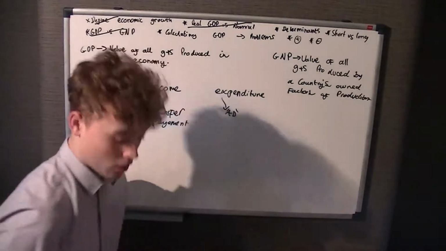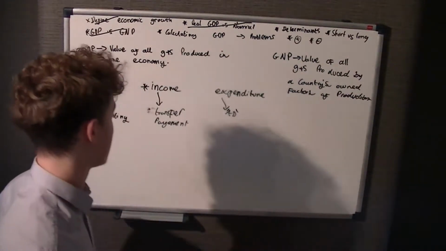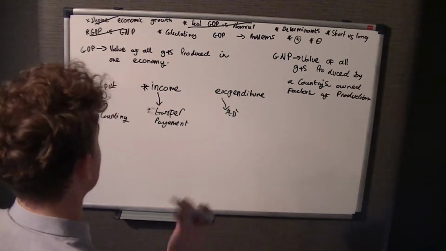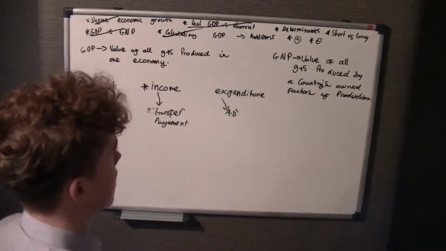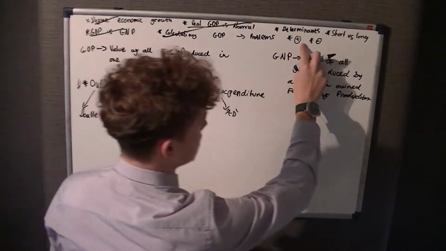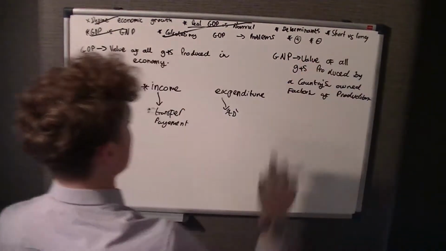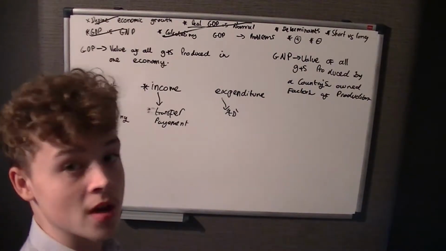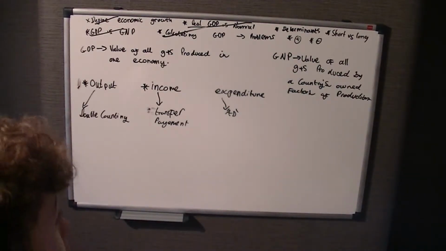We'll spend another video going through AD and all its components, so we can calculate GDP. So that means we've still got the problems, the determinants, the short versus long run, and the advantages and disadvantages of economic growth to go through.